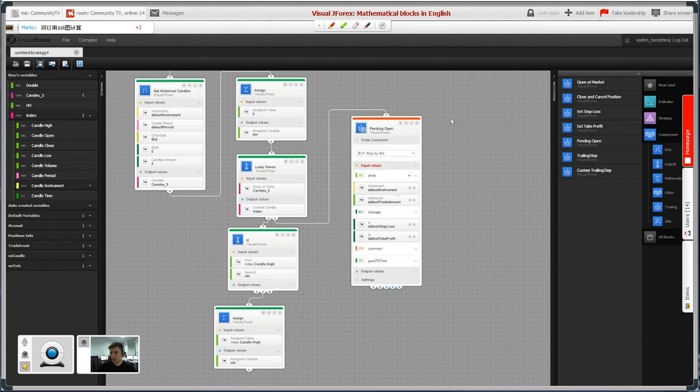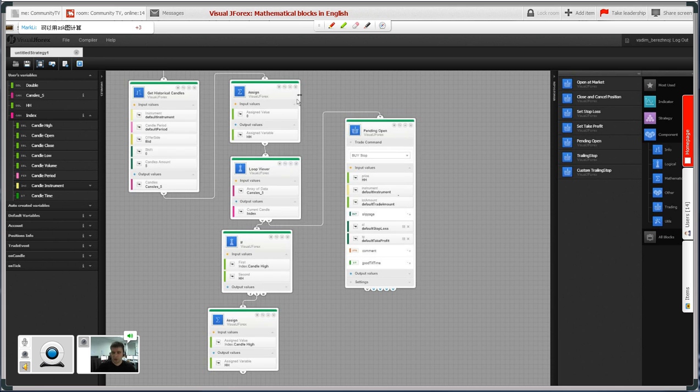We will place a buy stop at that point. So here we used our two assign blocks. It's really simple. We use it just when we need to correct the value of a variable.